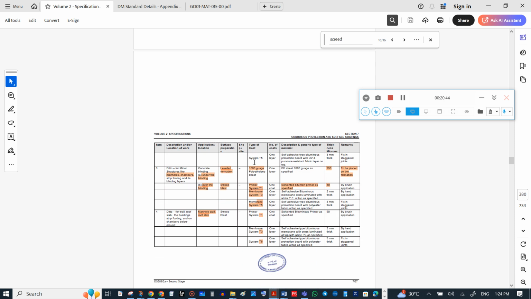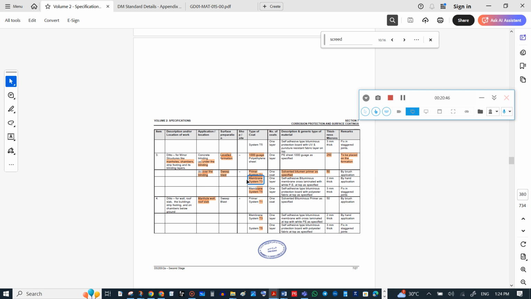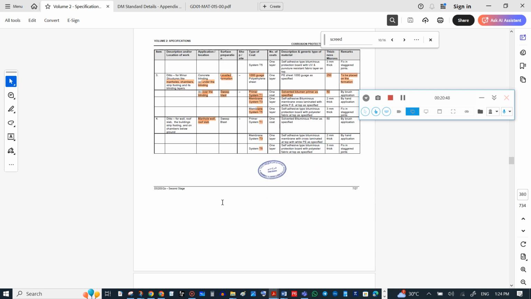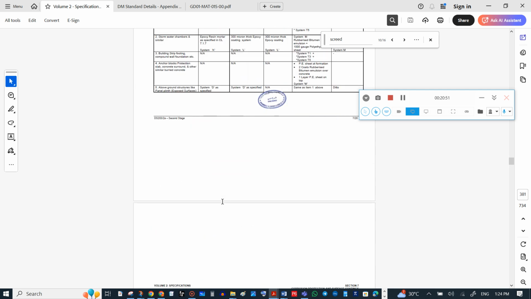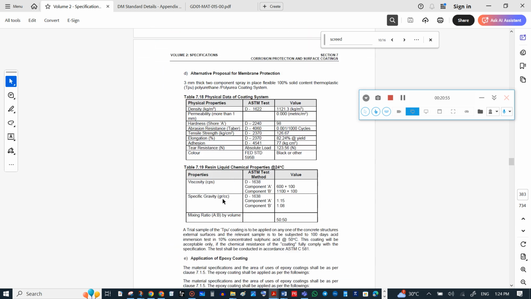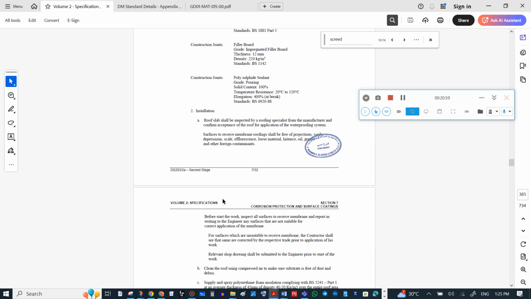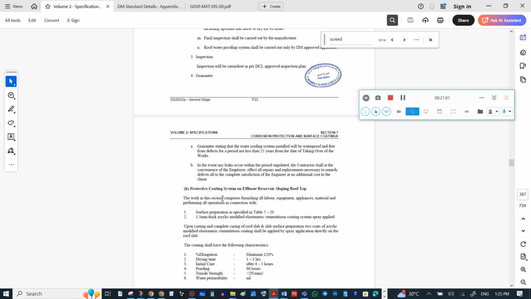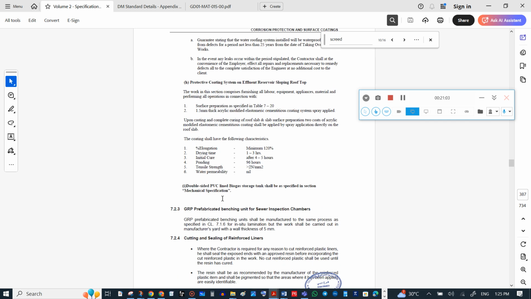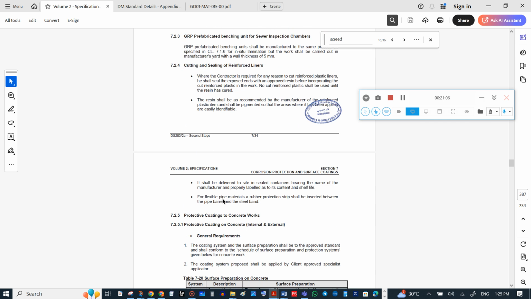Sweep blast is mentioned there. It is on page 388.